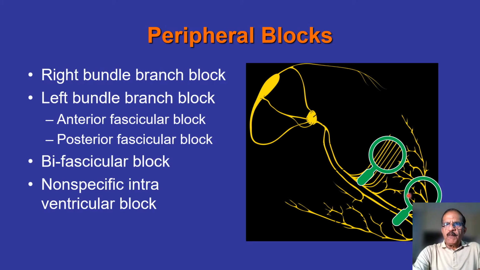So these are two places where there could be block. Right bundle branch block and left bundle branch block have been covered, and today we're going to take up anterior fascicular or posterior fascicular block.